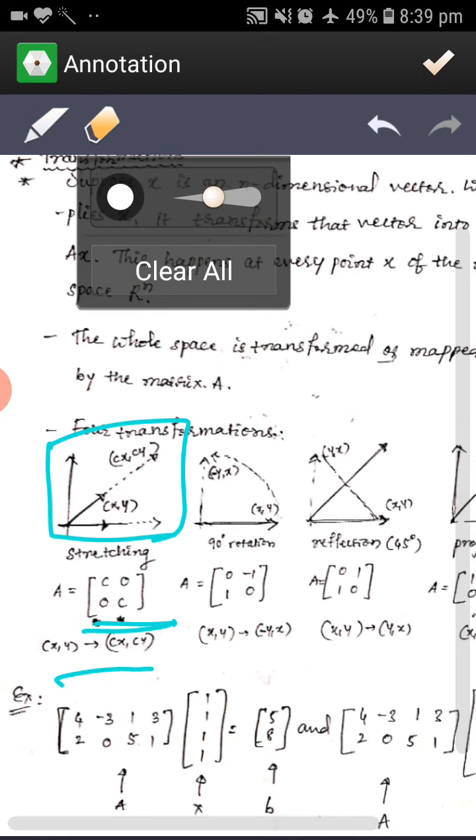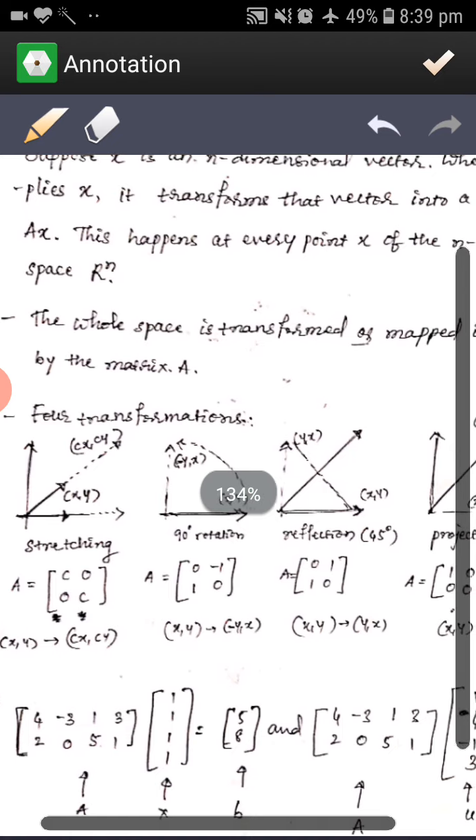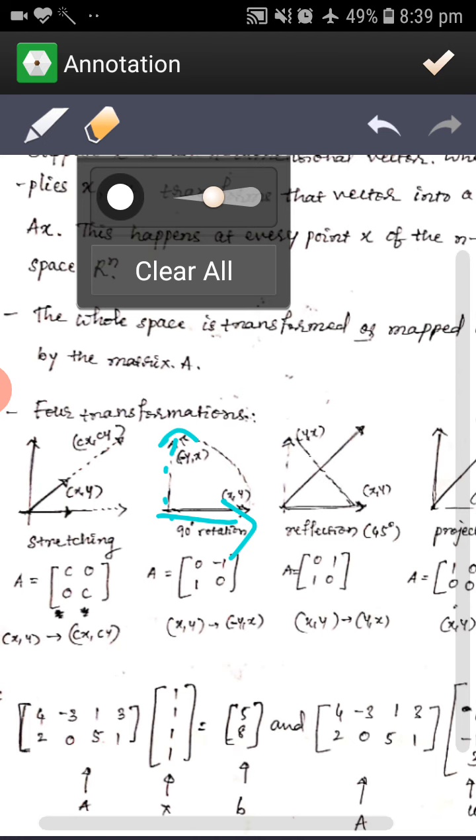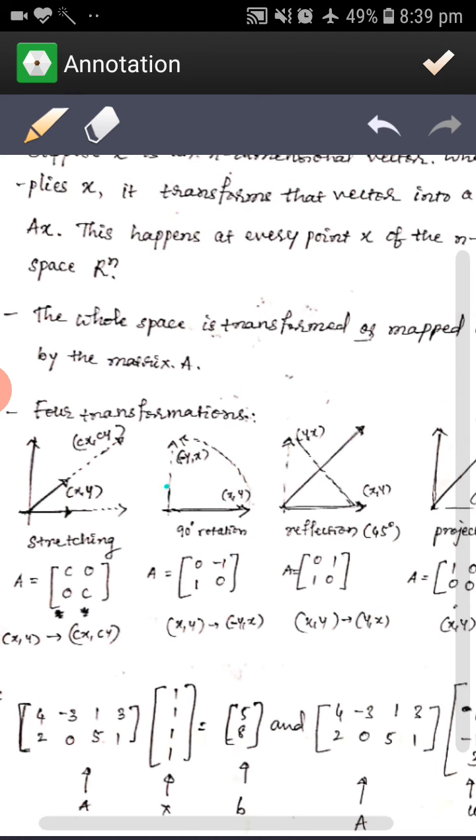Similarly, the next transformation: suppose it is the 90-degree rotation. If you have a vector and want to do the 90-degree rotation, then if it is (x, y), after the transformation the vector will be (minus y, x).